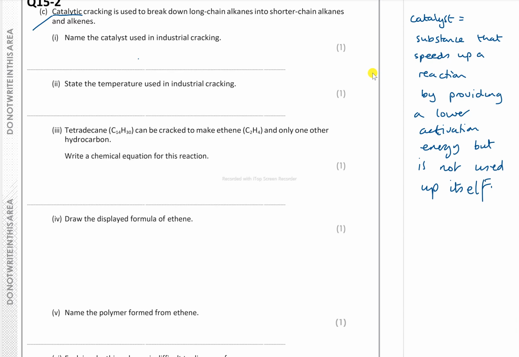Catalyst used in industry: silica, and not aluminium. State the temperature: 600 degrees Celsius.